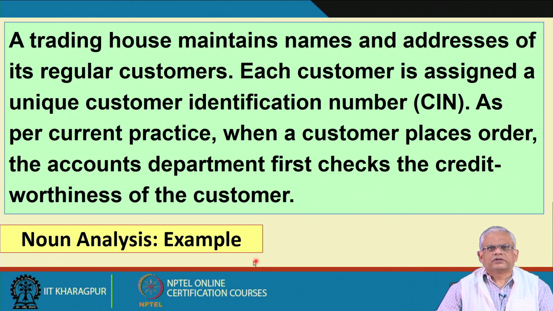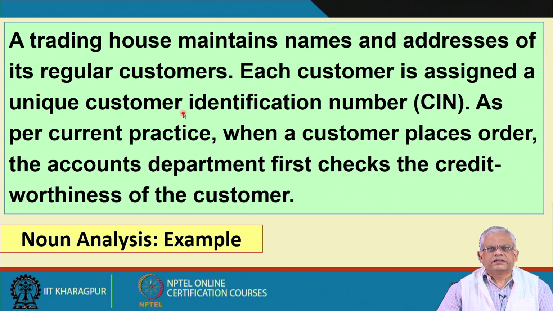Now, let us look at one simple problem description and let us perform noun analysis. A trading house, so this is part of a problem description. We can do it for the full problem description, but let us just do it for the part now. A trading house maintains names and addresses of its regular customers.